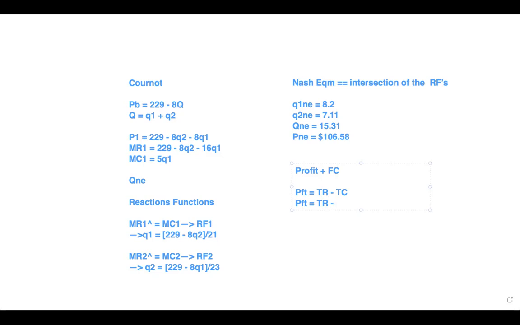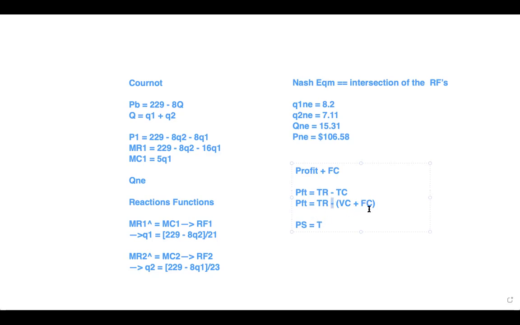Yeah. So note that total costs are variable costs plus fixed costs, right? So then if I go to producer surplus, you notice the minus sign there, right?